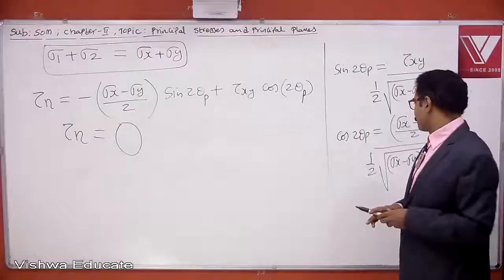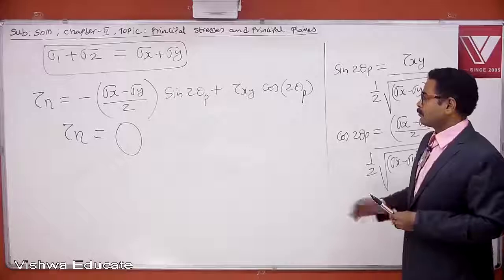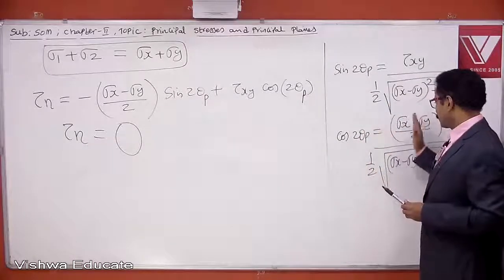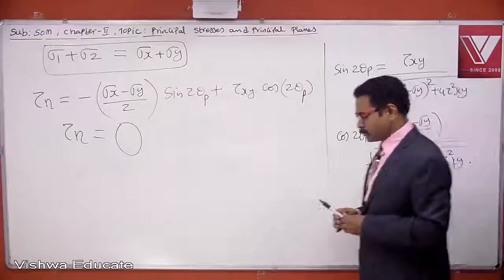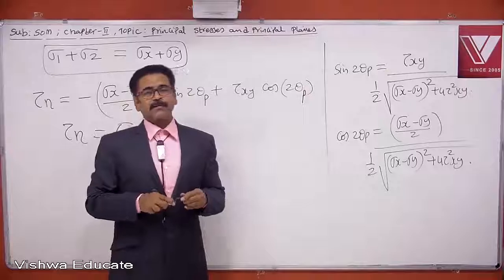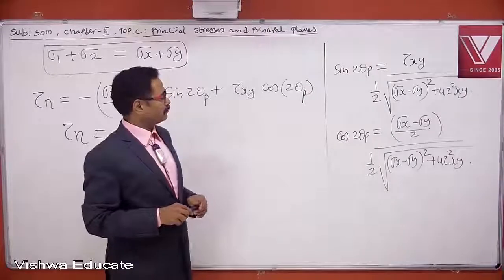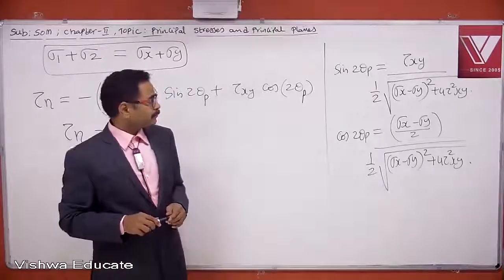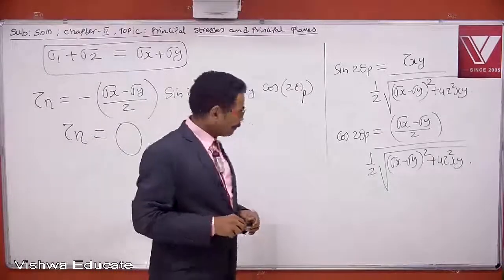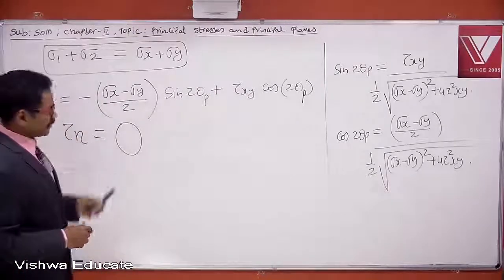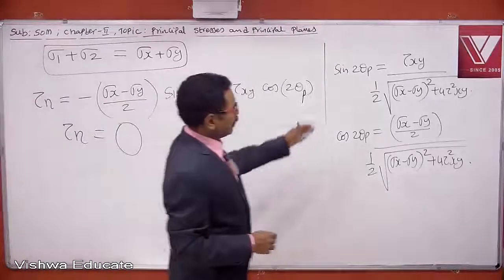Please copy. First you copy these two steps, and maybe on the right of your notebook you may write this. Sin 2 theta p is equal to this much, cos 2 theta p is equal to this much. So first copy these two steps, then copy these.